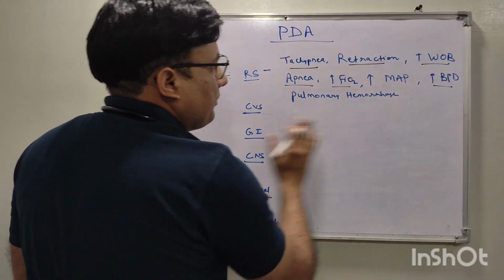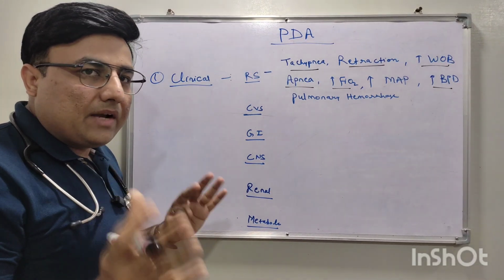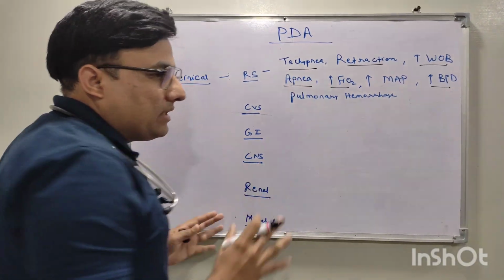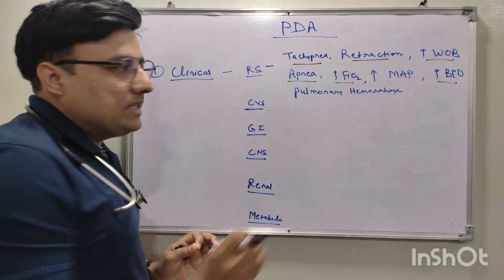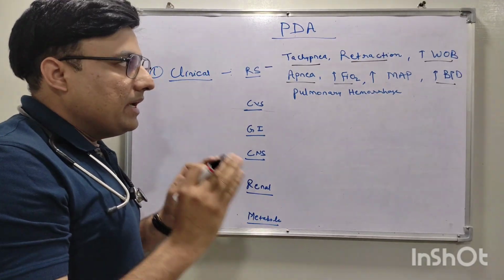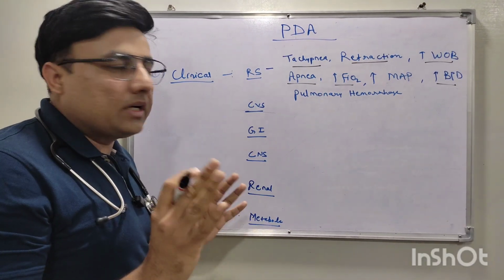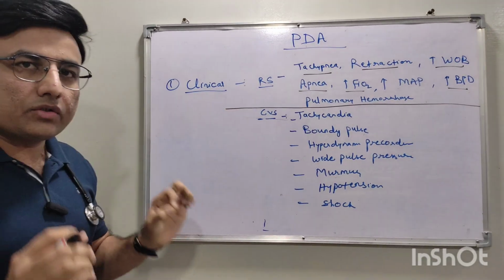All these features are because of pulmonary flooding or pulmonary over circulation, increased left to right shunt. Because of that, lung compliance will decrease. Because of decreased lung compliance, the child will have increased respiratory distress, increased work of breathing, increased FiO2 and pressure requirement, and pulmonary hemorrhage.